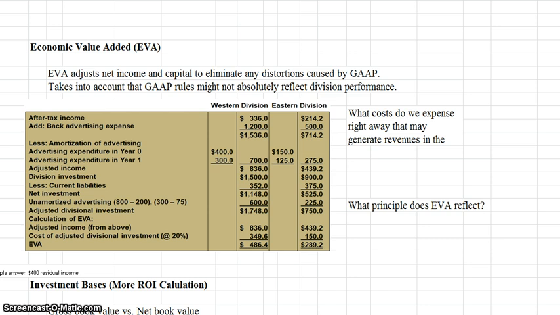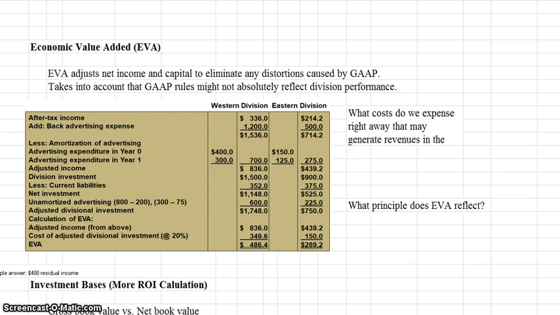Economic value added, essentially what it's doing is adjusting your net income to eliminate any U.S. GAAP distortions. Now you might say, oh, well, what type of distortions could U.S. GAAP really have? Because the whole purpose is to make sure that net income is showing exactly what the company's doing or how they're financially performing.